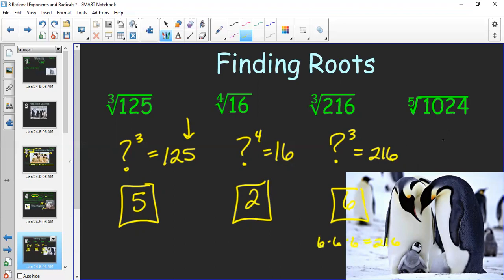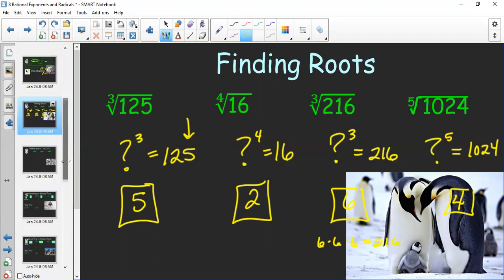The last one's the toughest one of all. What number to the 5th power would give us 1024? Because 1024 is fairly large, you would think it's a pretty big number, but the answer is actually 4. 4 times itself 5 times would give you 1024.